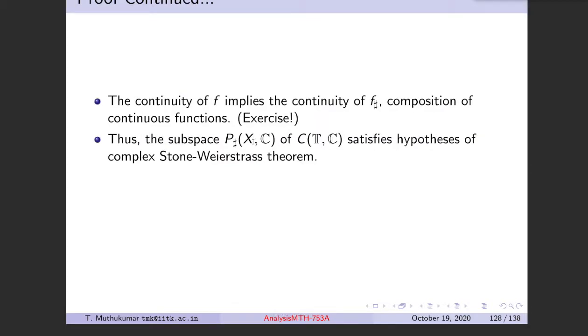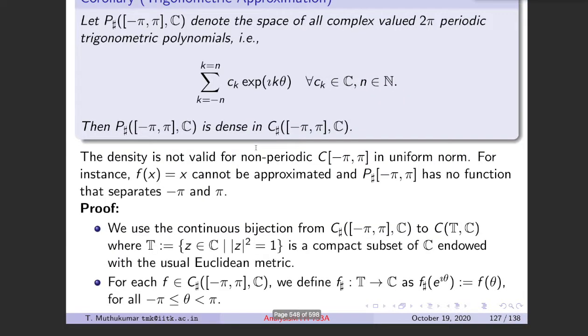This x is some typo here. So what we are taking is this one, P hash minus pi pi, which is actually a subset in here, in this. So we are just taking all functions in that image there.